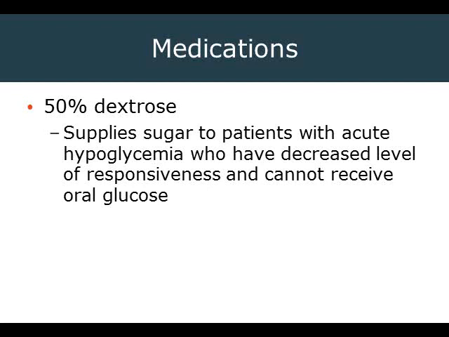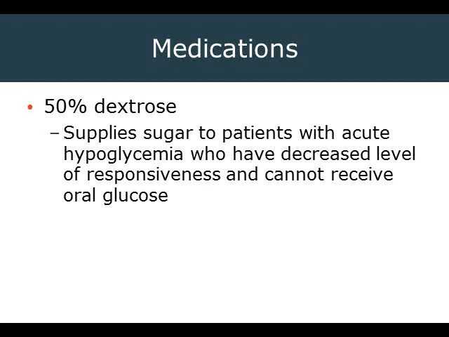So if we need to make D25 out of D50, we put equal amounts of water or saline into a syringe as we do the same amount of D50. For example, we could put 10 milliliters of D50 into a syringe and then fill it up with 10 more milliliters of normal saline or sterile water, and that will give us a 50% of the 50% solution, which then is 25%, so it's half strength.